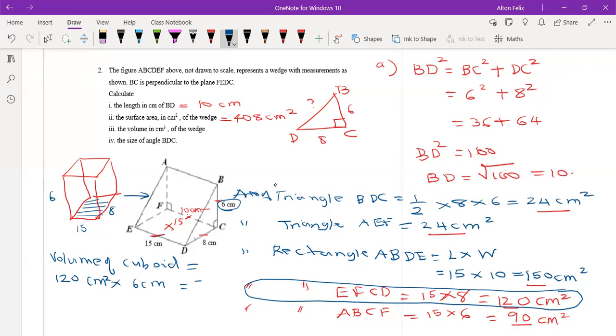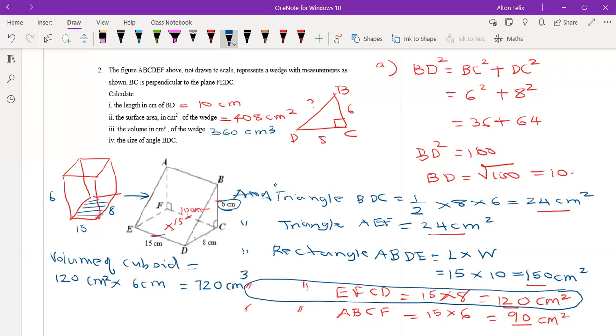So this will give us 720 centimeter cube. Now, volume is always expressed in terms of centimeter cube. And the volume of the wedge will be half of this, right? So half of 720 will be 360. 720 divided by 2. So the volume of the wedge is 360 cubic centimeter.